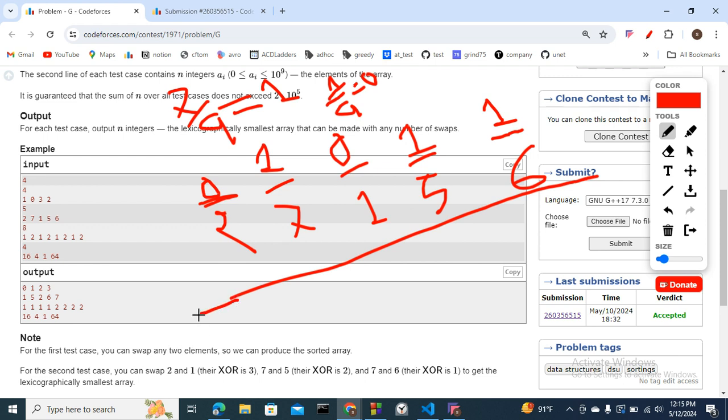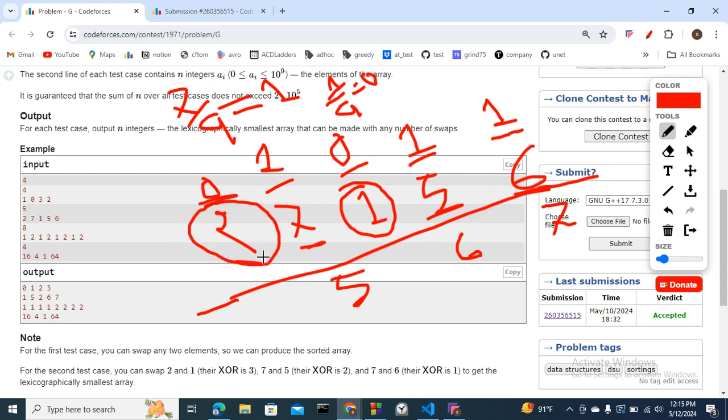If we sort the portion where the group number is 1, it will become 5, 6, 7. As I can swap any number of times, I can basically sort those elements.